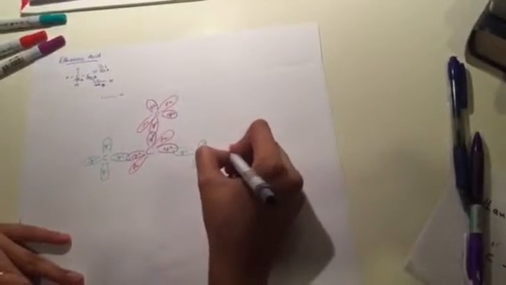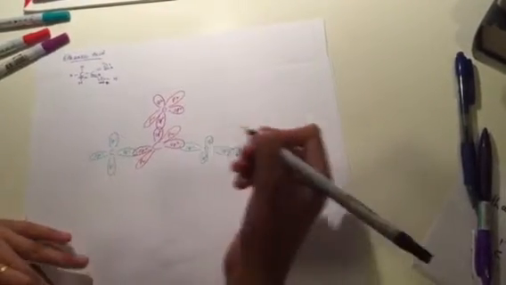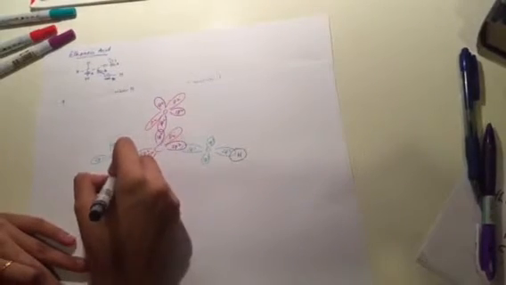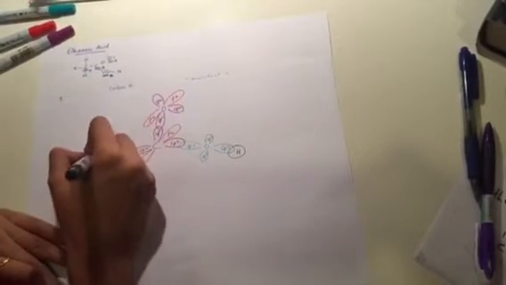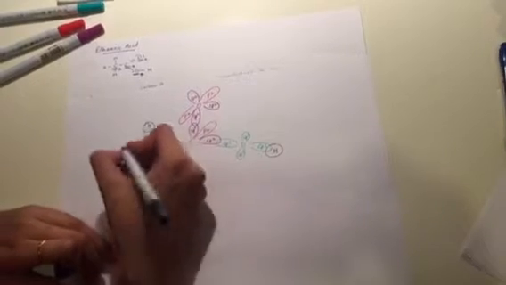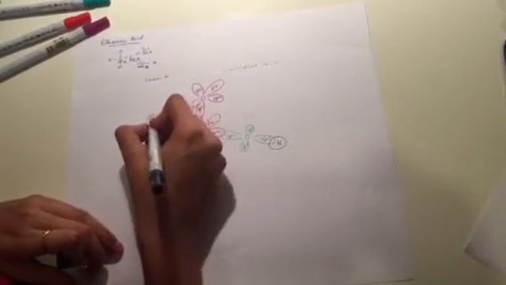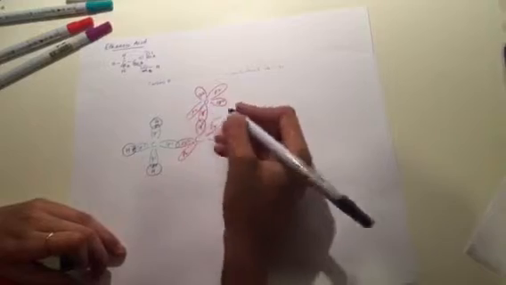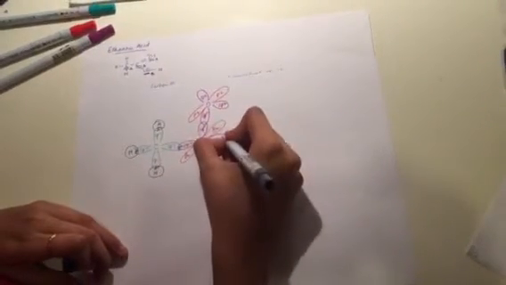Now we will show all the hydrogens that are also bonded with it. So there's hydrogen here, hydrogen, so this is a sigma bond here, sigma bond, sigma bond, sigma bond, sigma bond, and then sigma bond and sigma bond.